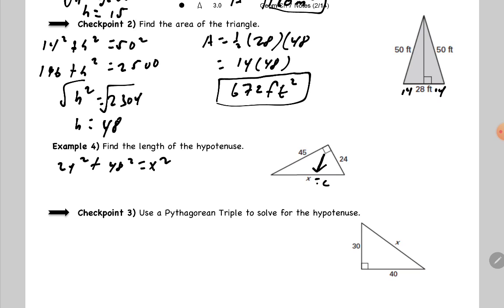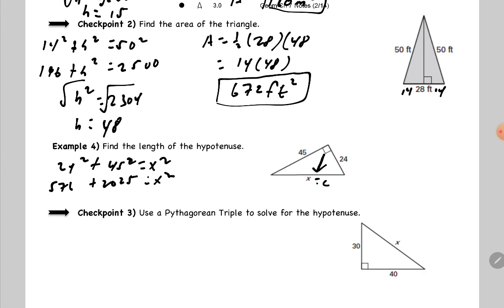So 48 squared is... 45. I was confused. That's why. 24 squared plus 45 squared. 24 squared is 576. 45 squared is 2025.